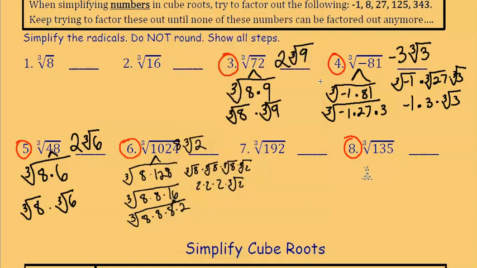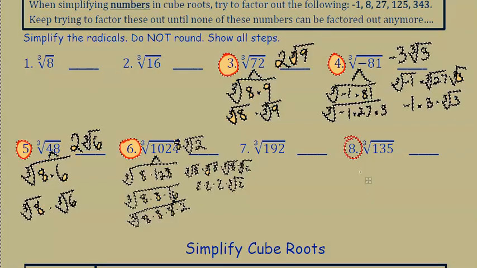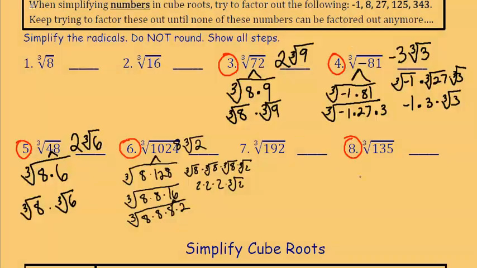So 27 times 5. The cube root of 27 is 3, and the cube root of 5 can't be reduced any further. So that's your simplified expression.